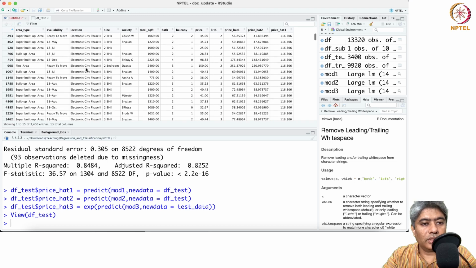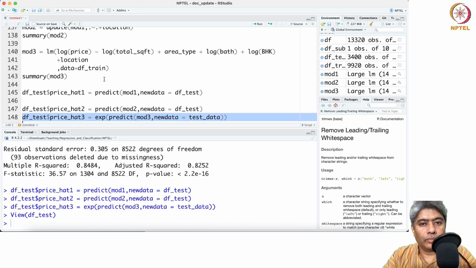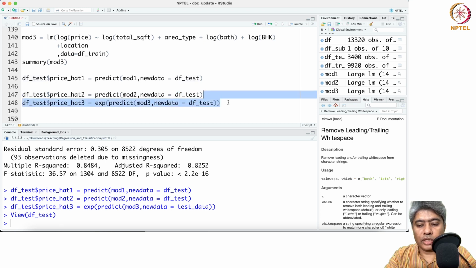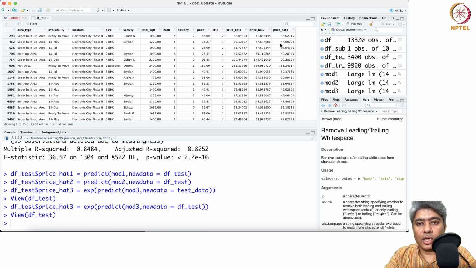Oh, it's all the same places. Maybe we will see what is happening there. Oh, not df test data, we want df test. There was a mistake. Now it is doing well.